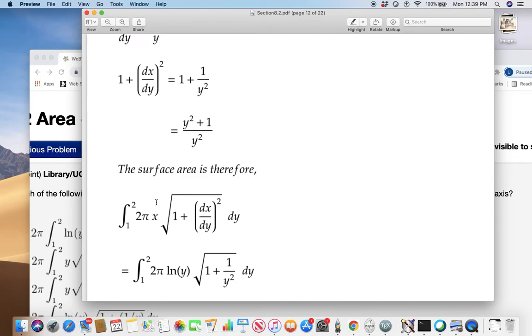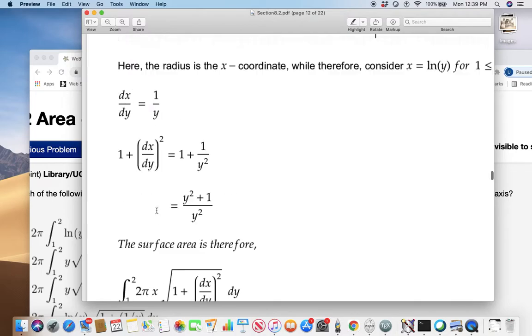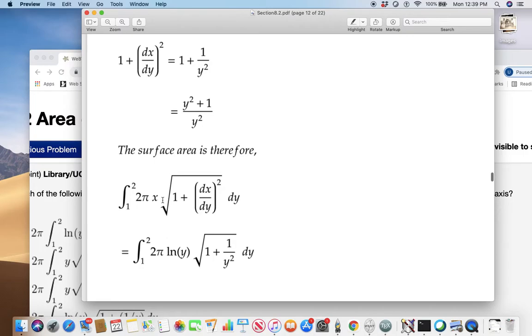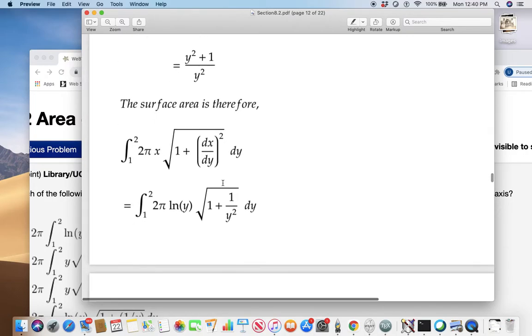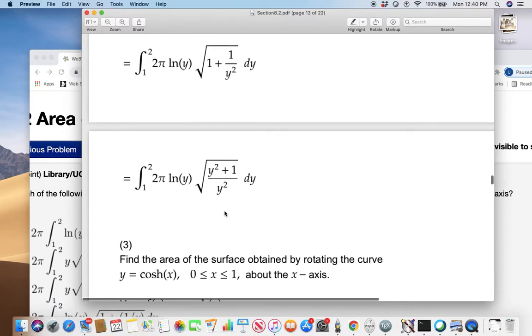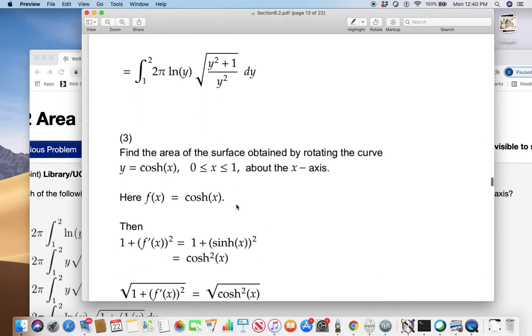So the surface area is, I'm taking derivative with respect to y, so limits of y apply, and this is x. x is the x direction, so that's the radius times square root of 1 plus (dx/dy) quantity squared. x itself is natural log y. All right, so you have your expression. This is the expression you're looking for.